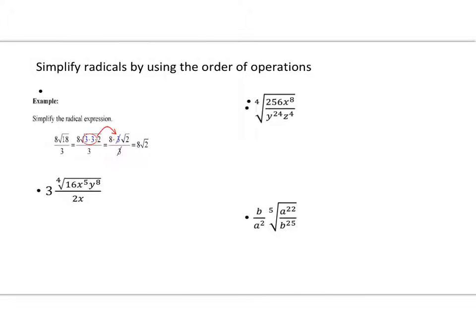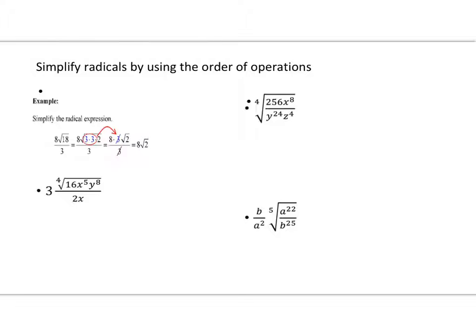So again, we're going to simplify radicals by using the order of operations. In this particular case, we have a fraction. Our first example is 8 square root of 18 over 3.